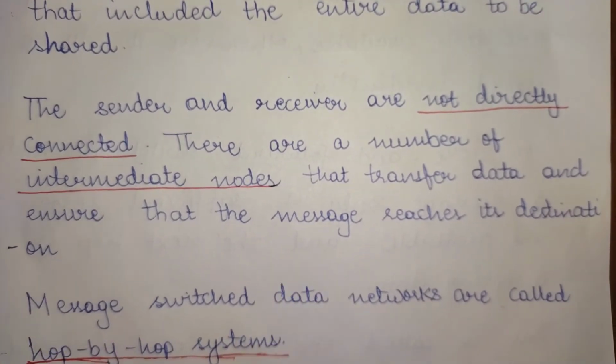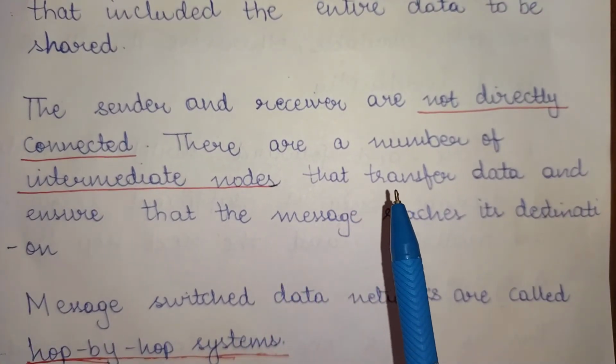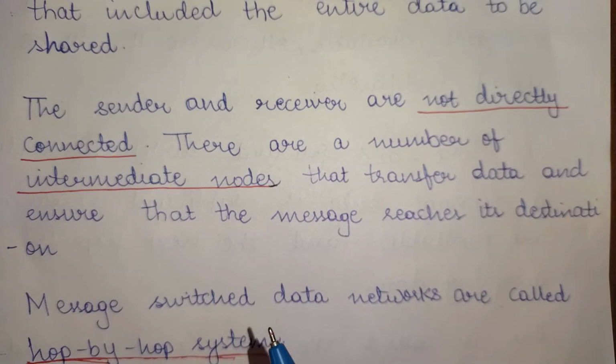Now one thing here is that the sender and receiver are not directly connected. Since there is no dedicated path, there must be several intermediate nodes between the sender and the receiver, because all the nodes are sharing the communication channel.